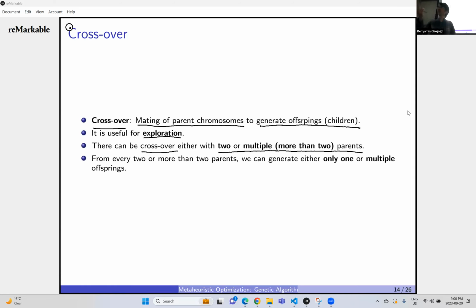So I can have either two parents for one child or multiple parents for one child. There are various variants of the genetic algorithm. From every two or more parents, we can generate either one or multiple offspring, it doesn't matter. Again, we usually set these parameters in a way that we don't reduce the population size.